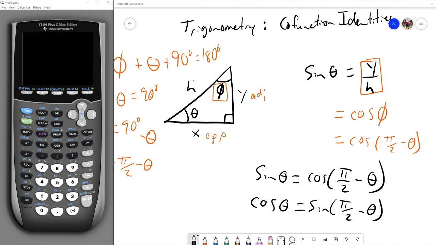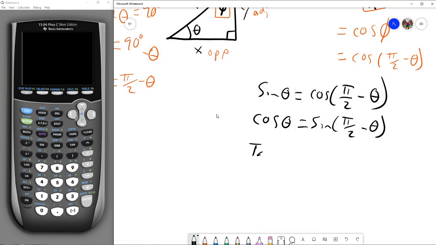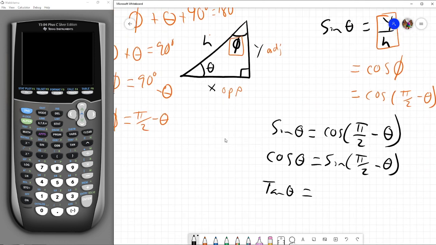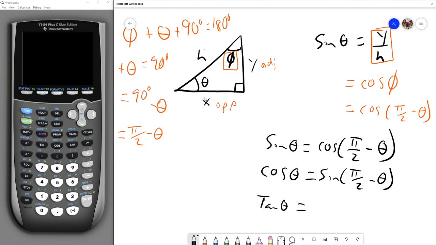So let's see here. So we got tangent theta. We can perform the same kind of analysis. Tangent theta is equal to y over x, but that's the same thing as cotangent of phi, because phi is adjacent over opposite, and cotangent of phi is the same thing as cotangent of pi over 2 minus theta.